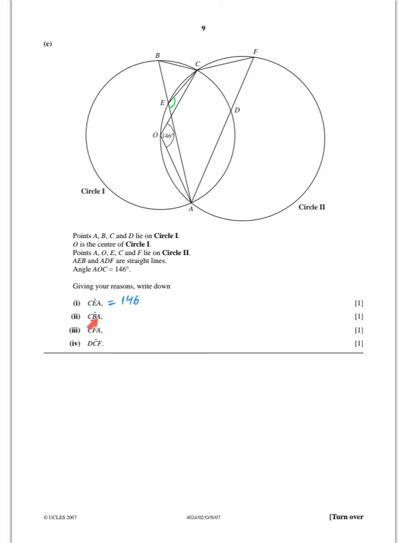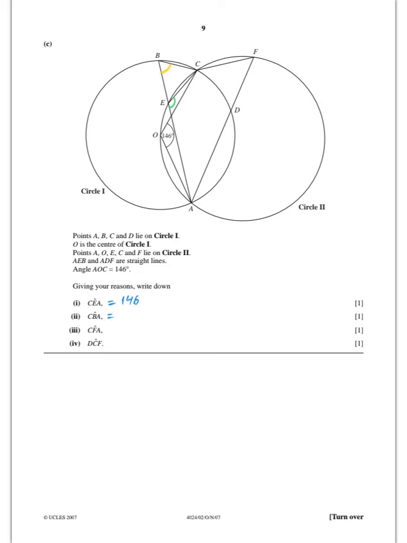Alright, so that is your first part answer. After that it says CBA. Firstly, I will highlight the angle CBA. So CBA is this angle. Now if you observe, point B lies on circle 1 and O is the center of circle 1. Both of the angles face the same arc, that means angle B will be half of angle O. That is the property of circles.